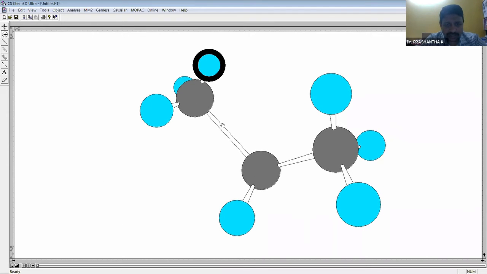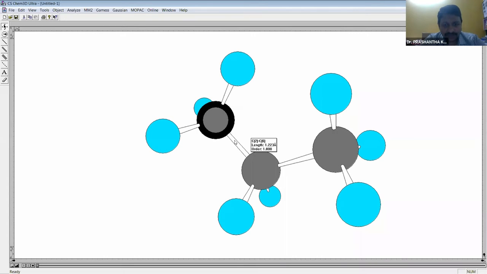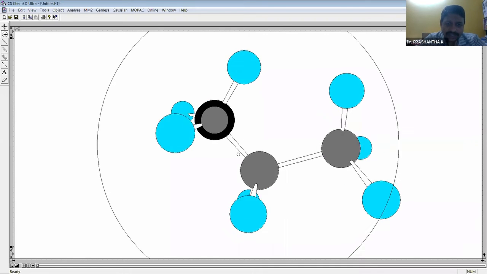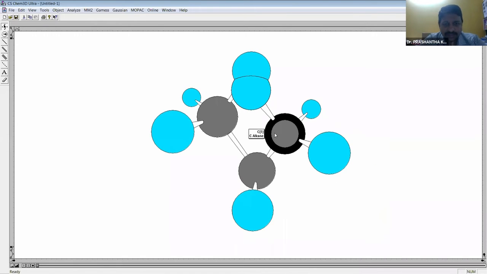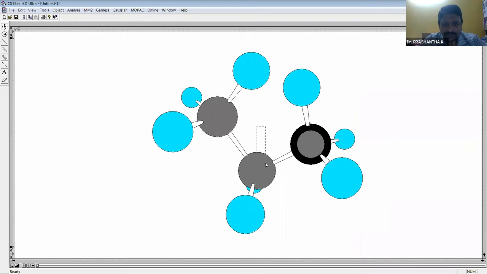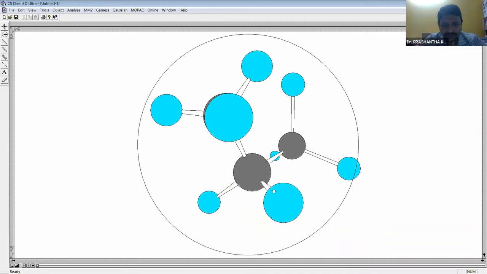Here also, let us say the bond length is supposed to be 1.76. What if, when we are making some changes, we reduced it from 1.7 to 1.2, which is not correct? Like this, we might have made too many mistakes when preparing the molecule.